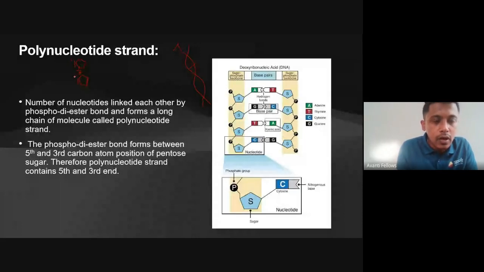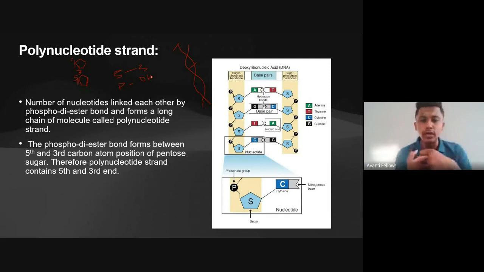Now the fifth carbon atom's phosphate group links with the third carbon atom's OH group. So we have a phosphate group and an OH group coming together. When they come together, we have a bond that is called a phosphodiester bond.